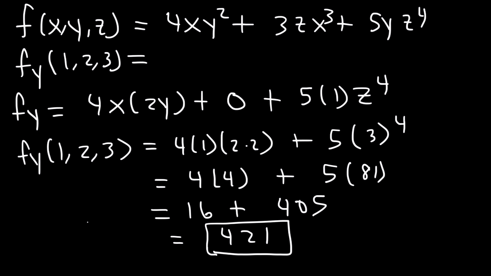So sometimes you may be asked to identify just one of the partial derivatives at a certain point, and that's how you do it. Now sometimes you may need to find higher order partial derivatives. So let's talk about the difference between the first derivative and the second, and the different forms in which they can come in.